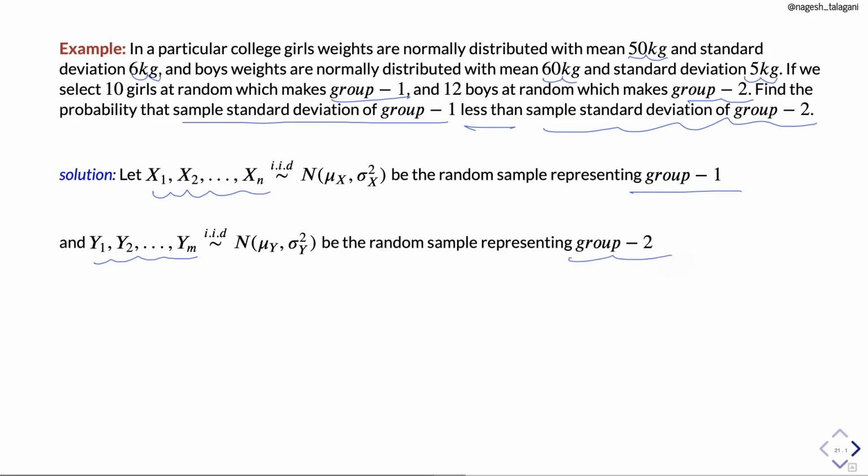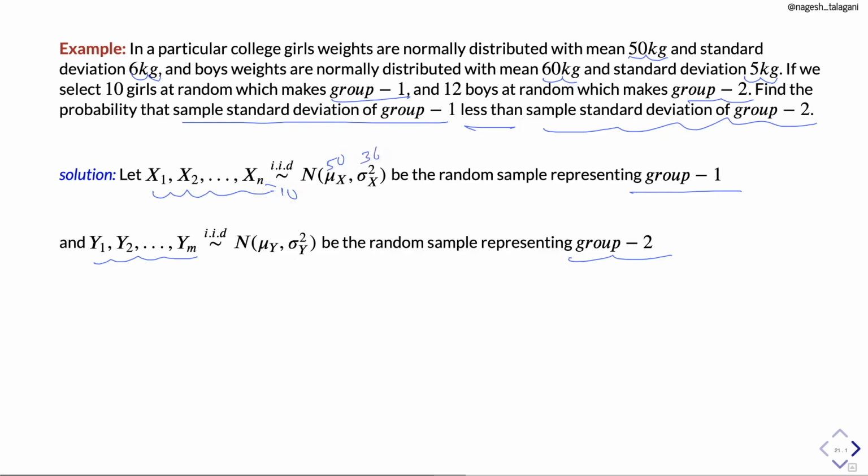So here, the sample size n equals 10, the population mean mu x equals 50 kg, and the population variance sigma x square is 36, because the population standard deviation is 6 kg.